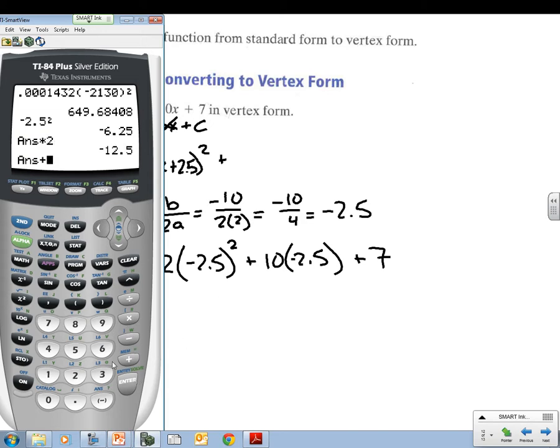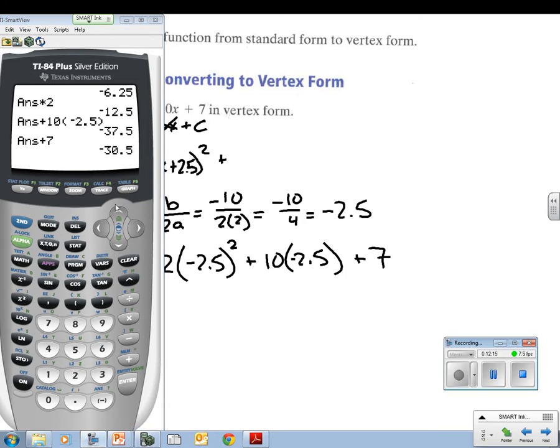And then plus 10 times negative 2.5. And then plus 7. And we've got negative 30.5. Okay, I'll pause that for a second because that doesn't sound right, and I did make a mistake. Did anybody catch it? When I squared this, I forgot to put the negative in parentheses. That should be a positive 6.25, so this should be a positive 12.5.